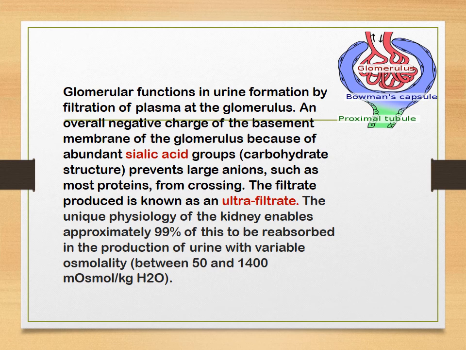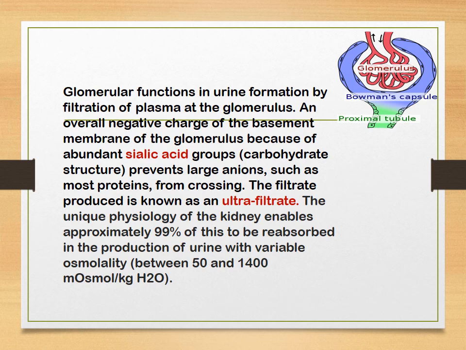The basement membrane of the glomerulus is negatively charged due to abundance of sialic acid carbohydrate structure in it, and so it repels large anions like protein, preventing them from entering through these pores.